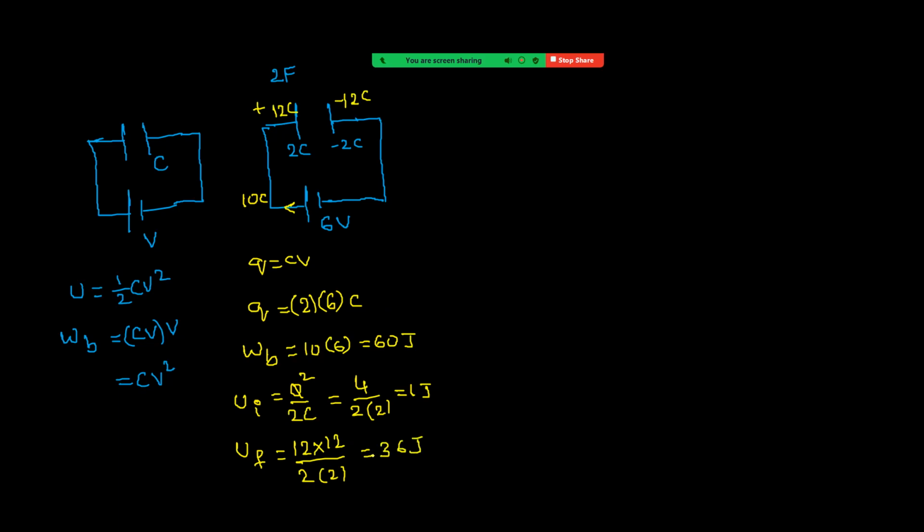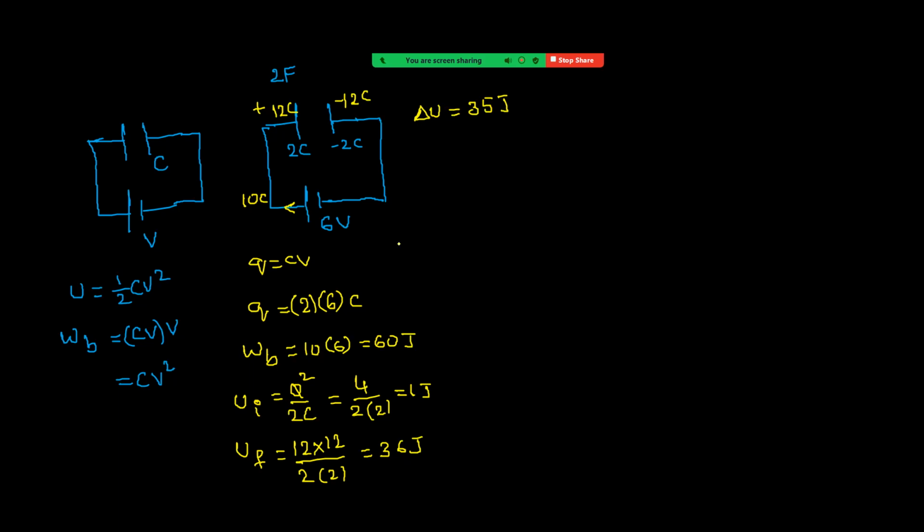So the present energy is 36 joule. Initially the energy was 1 joule, now the energy is 36 joule. That means what is the increase in the potential energy? The increase in the potential energy is equal to 35 joule.